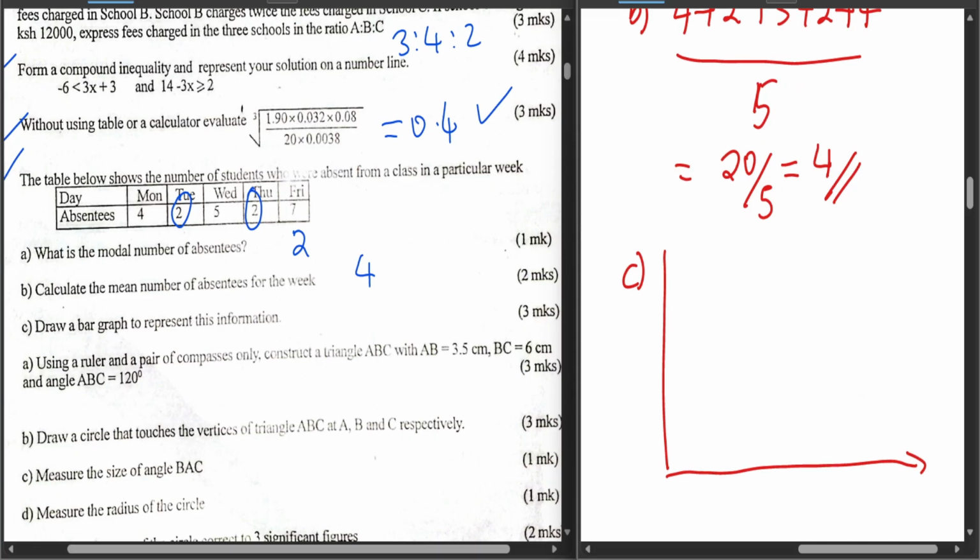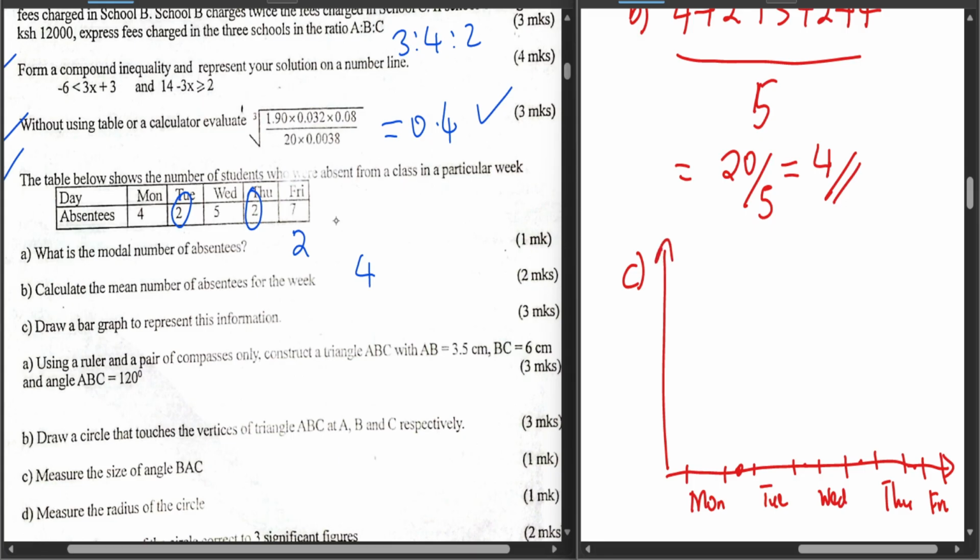Under here we have the days: Monday, then Tuesday, skipping one box each, then Wednesday, Thursday, and Friday.